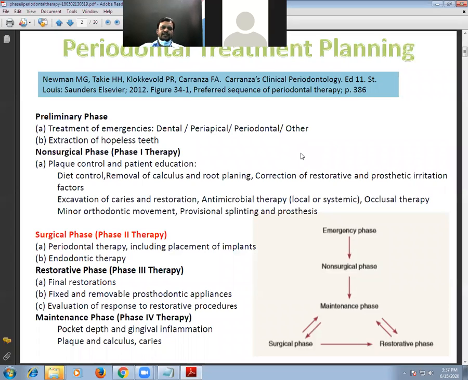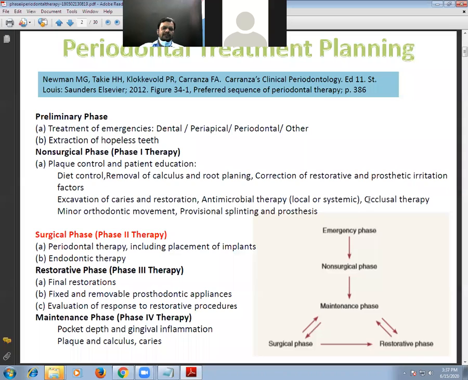For example, retentive factors like subgingival overhanging restorations. Then in non-surgical therapy, we also do excavation of caries and restorations. Then antimicrobial therapy, as we have discussed, it may be localized antimicrobial therapy or systemic antimicrobial therapy. And various types of occlusal therapies.